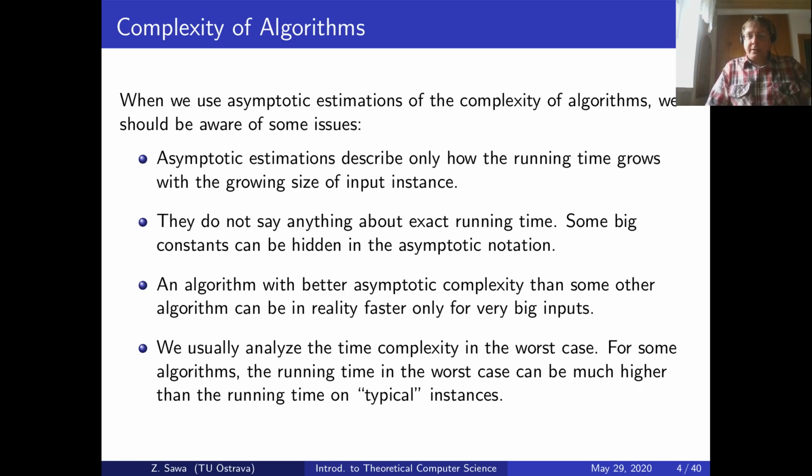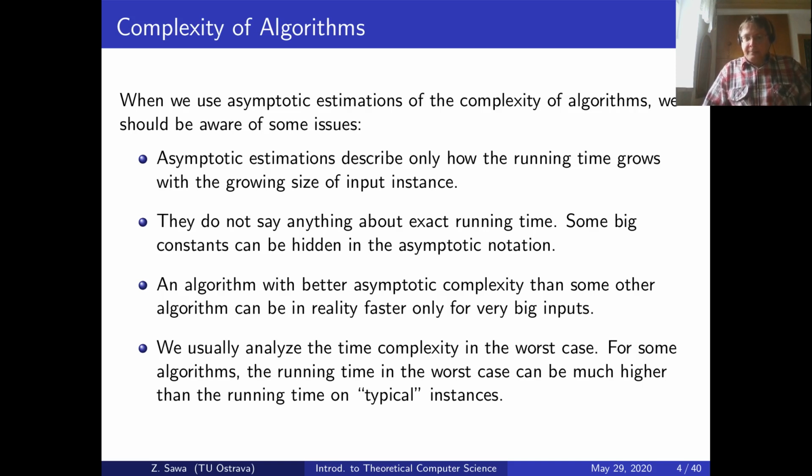Another thing that we must be aware of when we talk about asymptotic time complexity, and especially when we talk about the worst case complexity, is that in some cases the time it takes for many instances is not much smaller than the time it takes in the worst case.